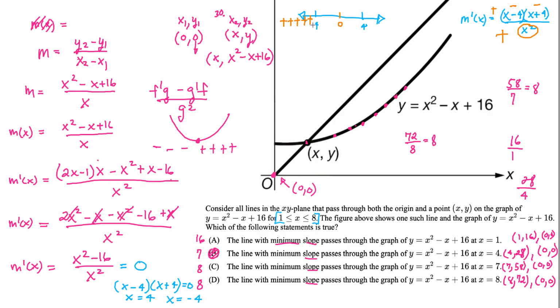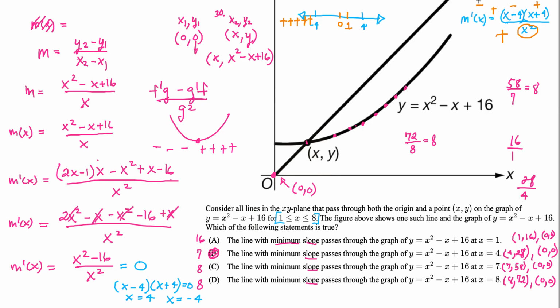Now I pick a value between negative 4 and 4. I'll pick 0. Negative 4 times 4 is negative. So the top part is negative. Oh, I can't pick 0 because it's not in the domain. But okay, let me pick 1. 1 minus 4 is negative. 1 plus 4 is 5, so this is positive, and then this one's negative.